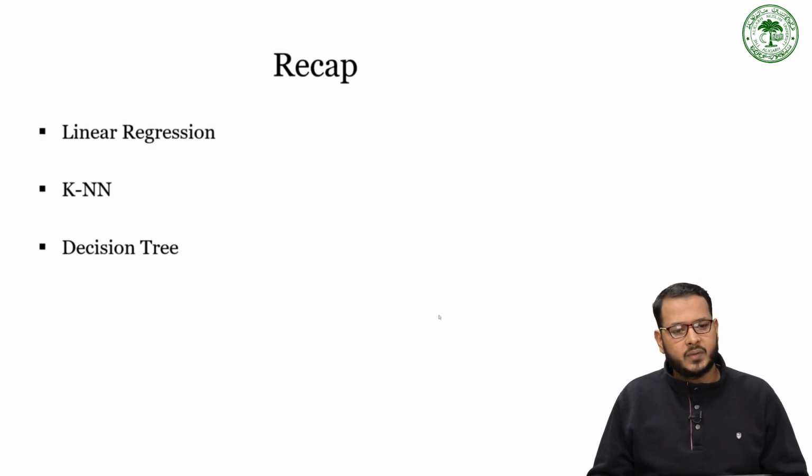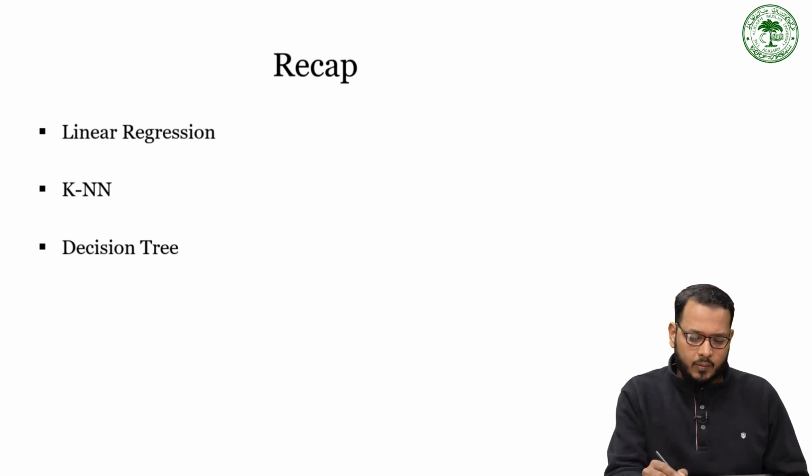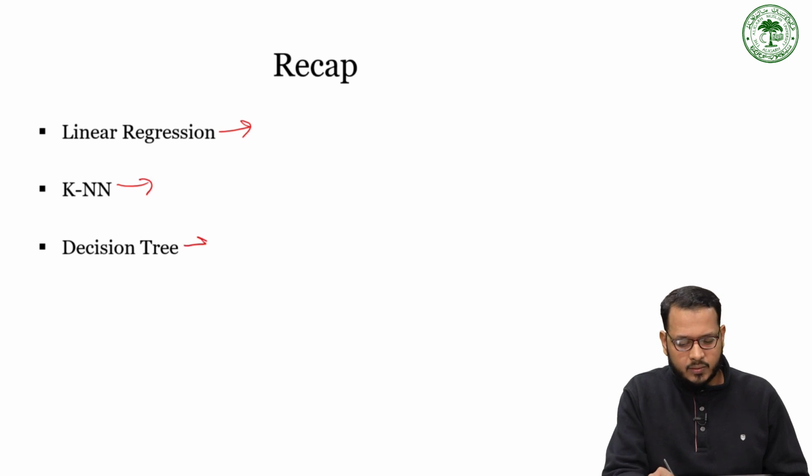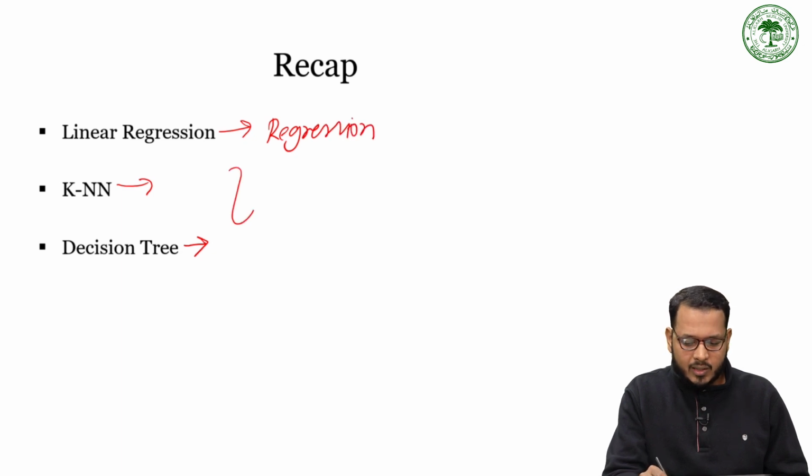So far, we have discussed these three supervised learning algorithms: linear regression, KNN, the K nearest neighbor algorithm, and decision tree. Just remember that the first one is used for regression problems, and the last two we saw in the context of classification problems.